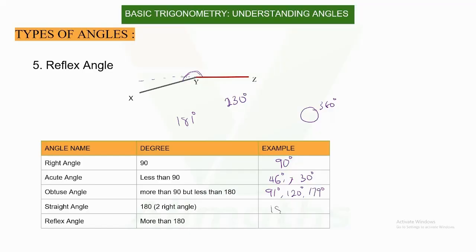Then we have the straight angle, which is like two right angles, and it's exactly 180 degrees. The reflex angle is more than 180 degrees. It could be 181, and it could be 355, and so on. Okay, now I also mentioned that the angle in a complete circle is what? 360 degrees.